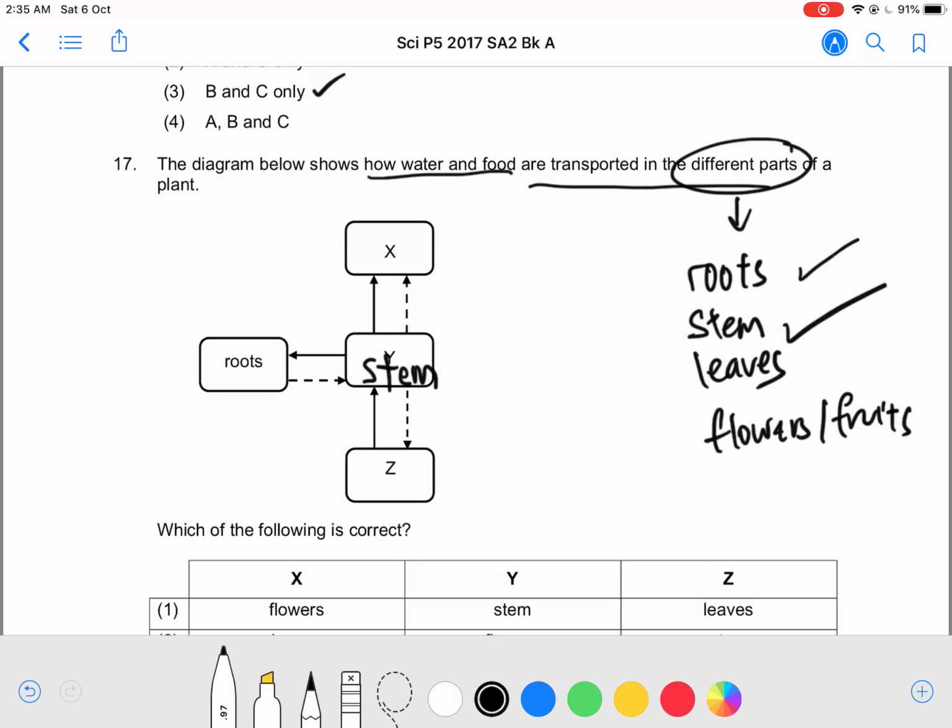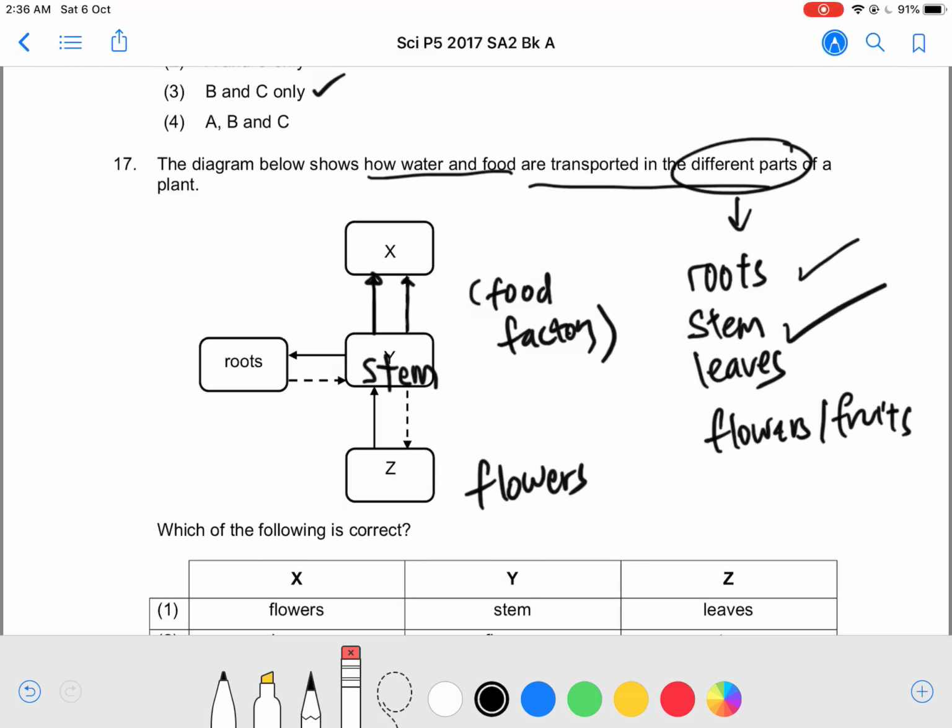So what we can do is make a little guess. Let's put this as leaf. Let's put this as flowers. It seems that the direction is going both to the leaf. How is that possible? Because the leaf is a food factory. If it's a food factory, there should be something coming back to the stem, coming back to the roots, right?